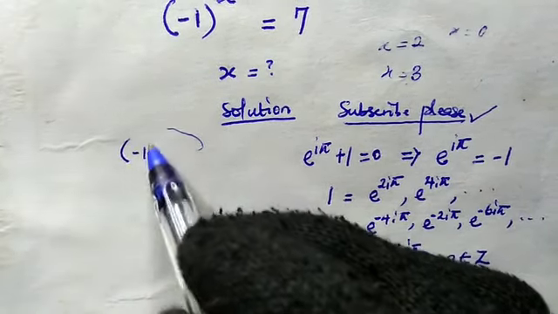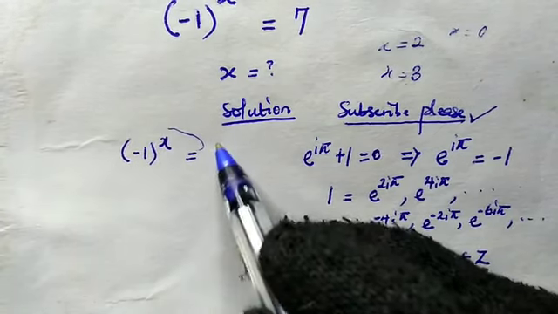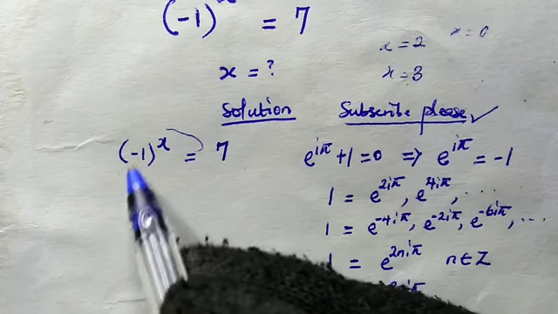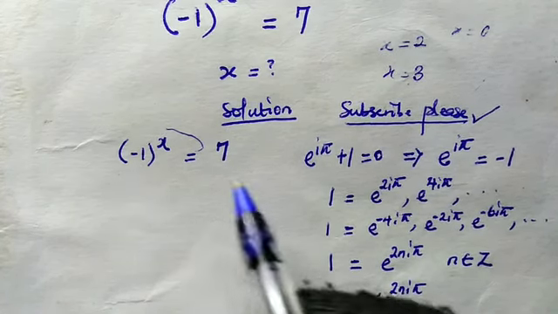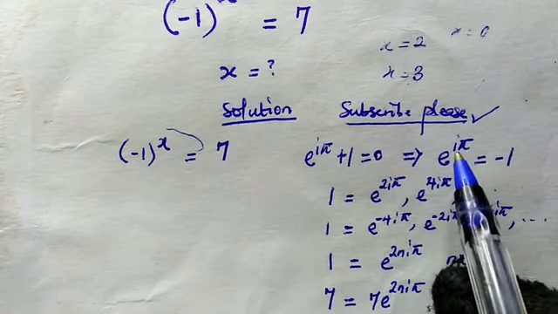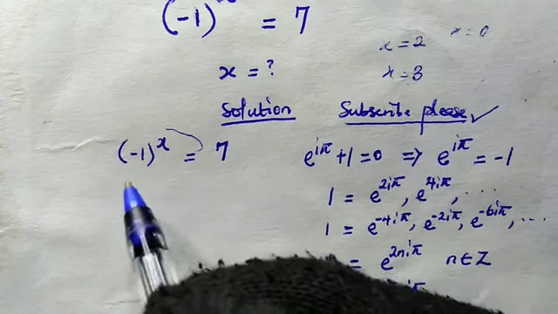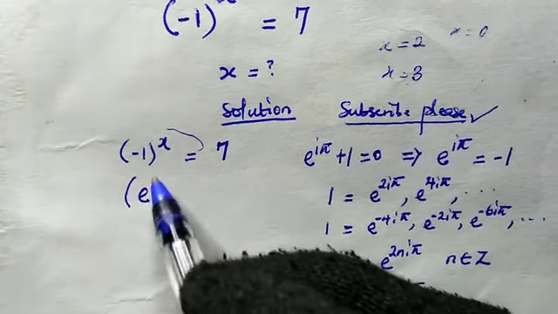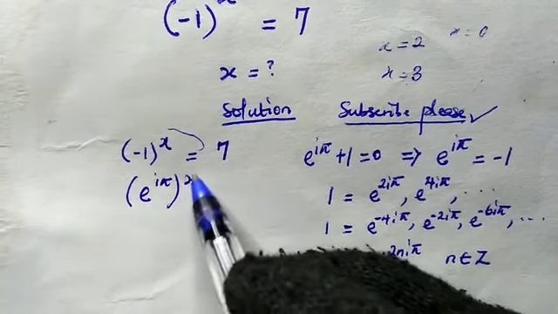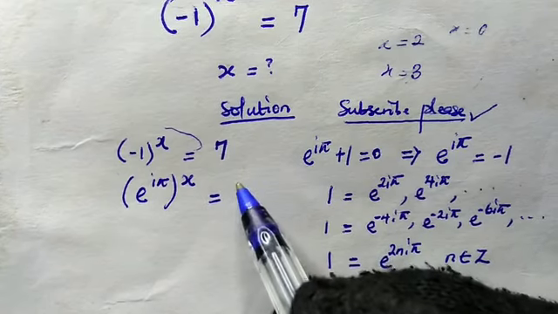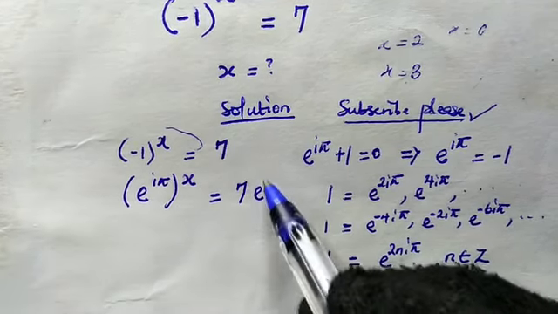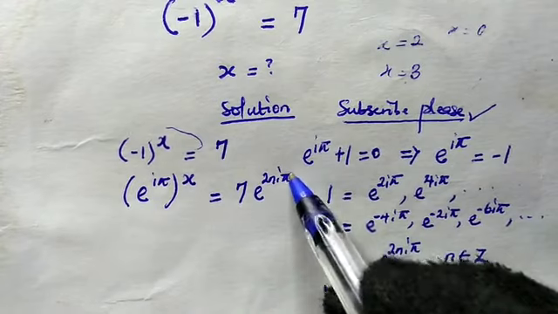We have (-1) to the power of x, this is equal to 7. Here in this bracket, the -1, we are going to rewrite it in terms of the exponential i pi. So here we have in the bracket e to the power of i pi, then raised to the power of x, this is equal to, then the 7 from here, we write it as 7 times e to the power of 2n i pi, right?